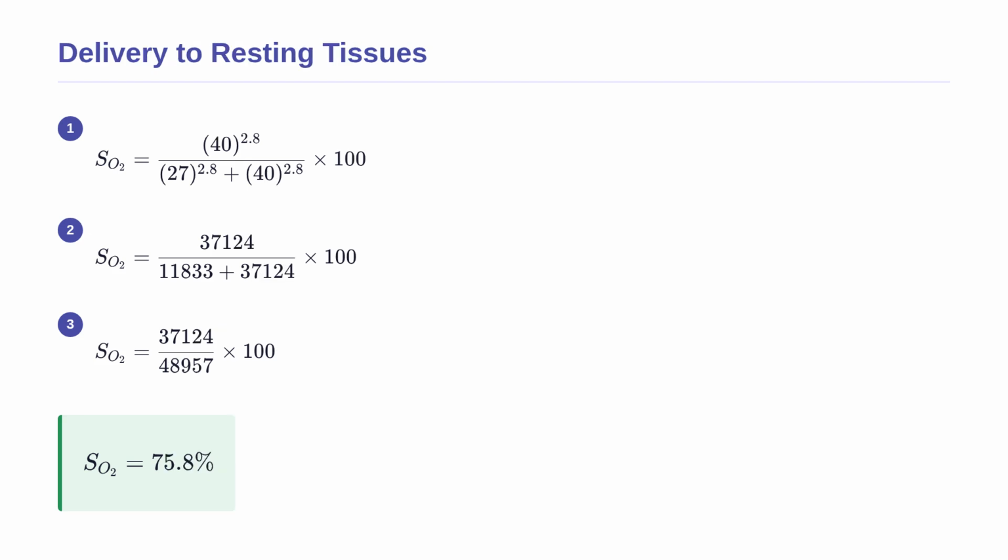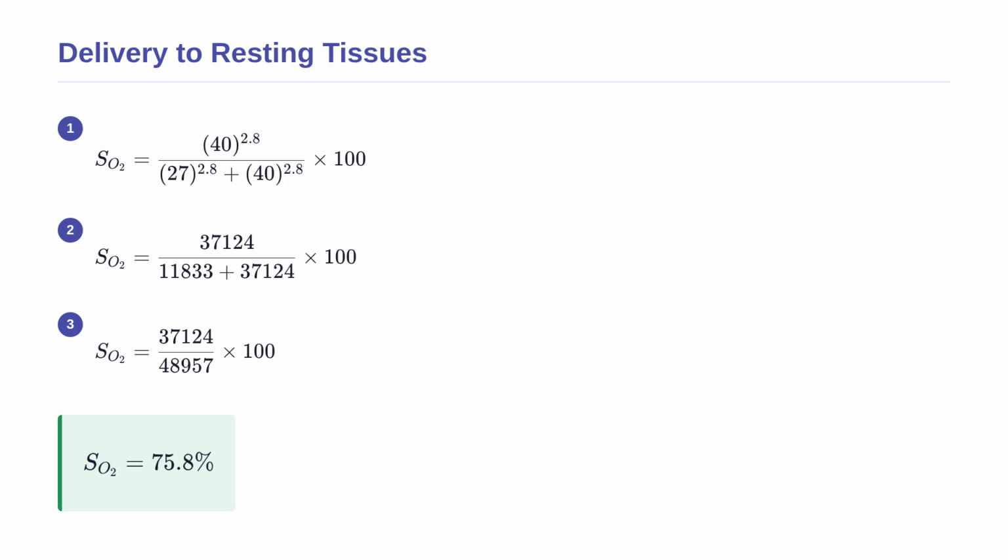Now, let us see what happens when that fully loaded blood reaches your resting muscle tissues. In resting tissues, the local partial pressure of oxygen drops to about 40 millimeters of mercury. We use the exact same formula and constants, but substitute 40 for our oxygen pressure. Evaluating the exponents, 40 to the power of 2.8 is approximately 37,112.